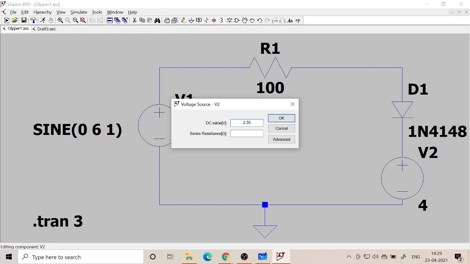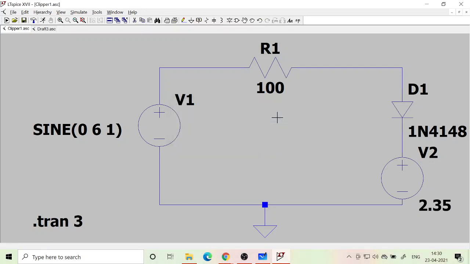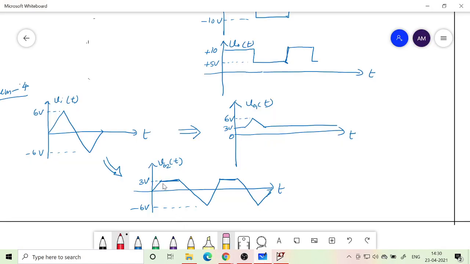If I give 2.35 volt DC here with this polarity, then cut-in voltage is 0.65, so 2.35 plus 0.65 should make 3 volt. Whenever the diode is turned on, it will give you 3 volt. So the forward bias region is here, where it will give 3 volts. I am aiming for getting this waveform.